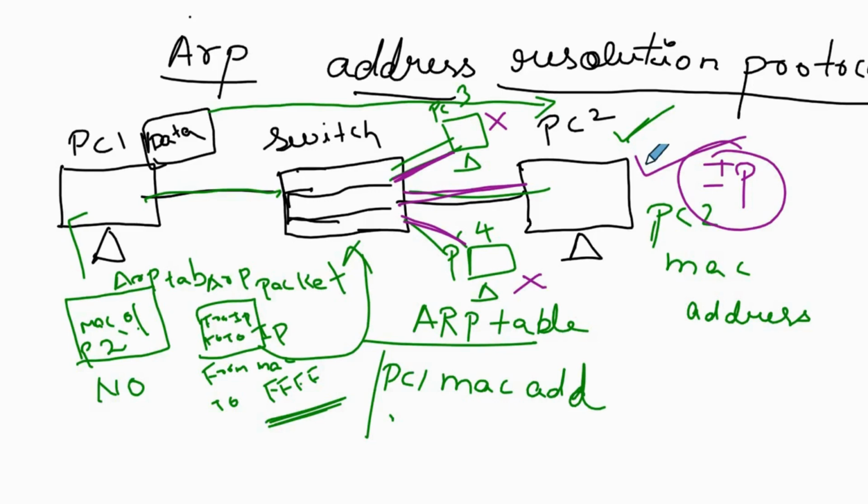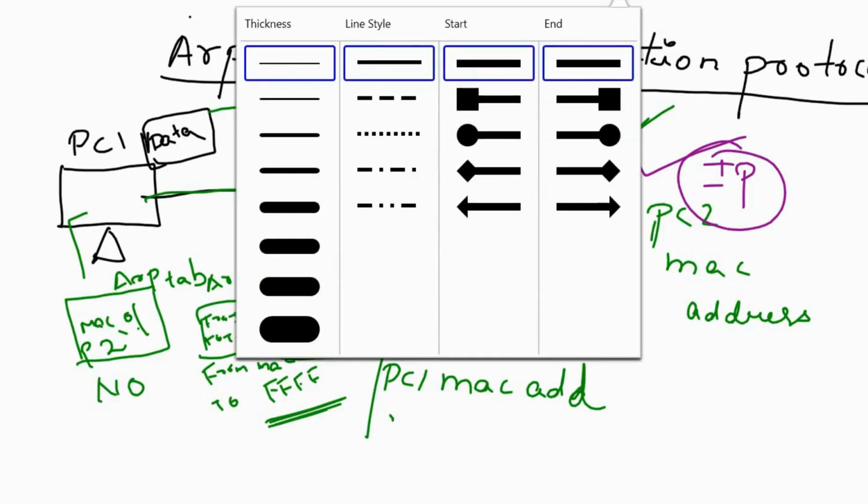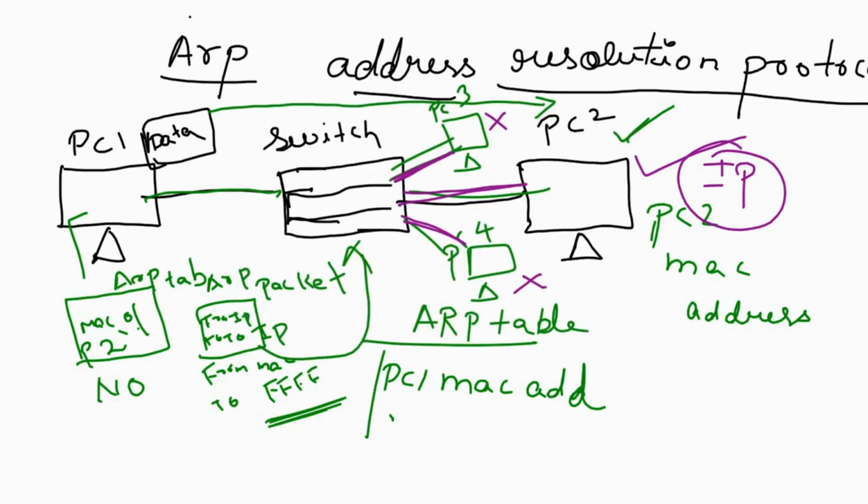PC1 wants to send the data but doesn't know PC2's MAC address, so it is sending the ARP packet to get the PC2 MAC address. The ARP packet works as an assistant to get the PC2's MAC address for PC1. Now PC2 sends the reply packet to the switch.